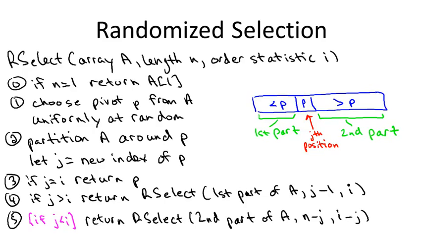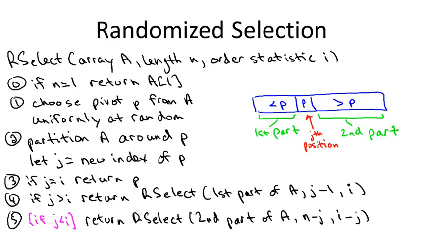So if the pivot's too big, if j is bigger than i, then we know that what we're looking for is on the left-hand side amongst the elements less than the pivot, so that's where we recurse. We've thrown out both the pivot and everything to the right of it. That leaves us with an array of j minus 1 elements, and we're still looking for the ith smallest among these j minus 1 smallest elements. And in the final case, this is what we went through in the quiz in the last video, if we choose a pivot that's smaller than what we're looking for, that's when j is less than i.